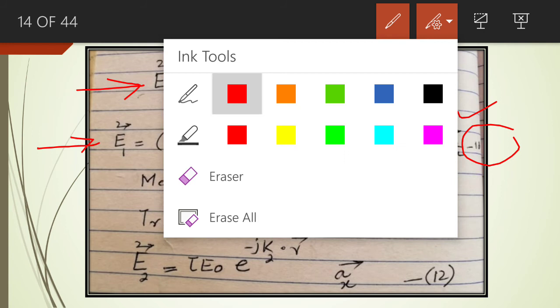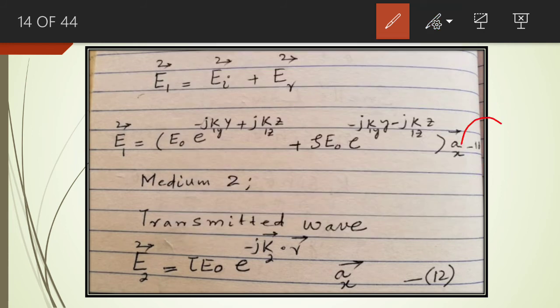So equation number 11 gives you the total electric field intensity in medium number 1. We have discussed the electric field intensity in medium number 1, and you see the total electric field intensity in medium number 1 is along x-axis, which is tangential to the interface.